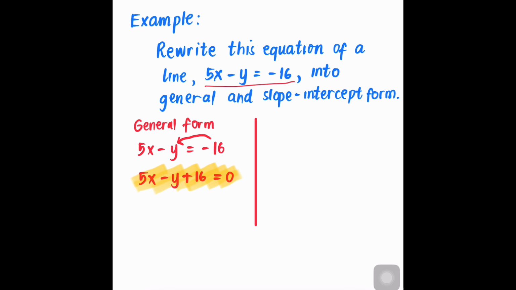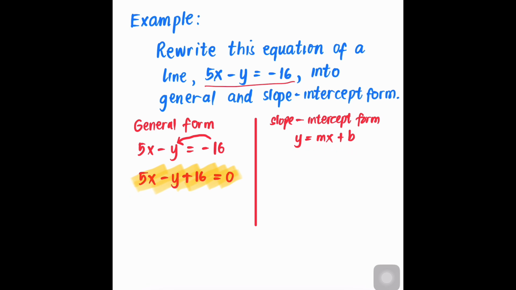And for the slope-intercept form, if you still remember, the form is y equals mx plus b. So from standard form that's originally given, we need to turn it into slope-intercept form.